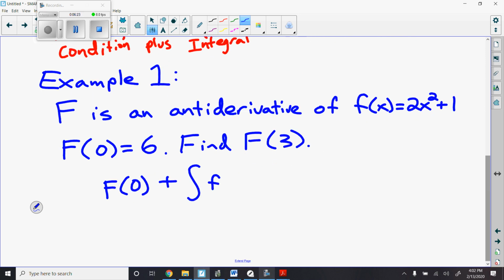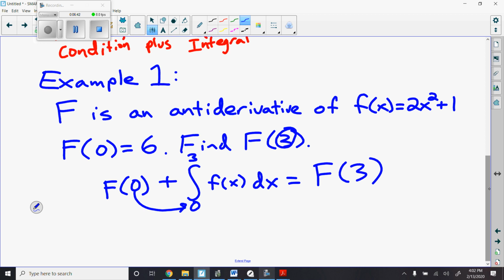I'm doing the integral of f of x, and I want to do it from that initial condition, right? This should always match, to the one that I want, which is 3. And that will have to equal capital F of 3, which is what we want to find.